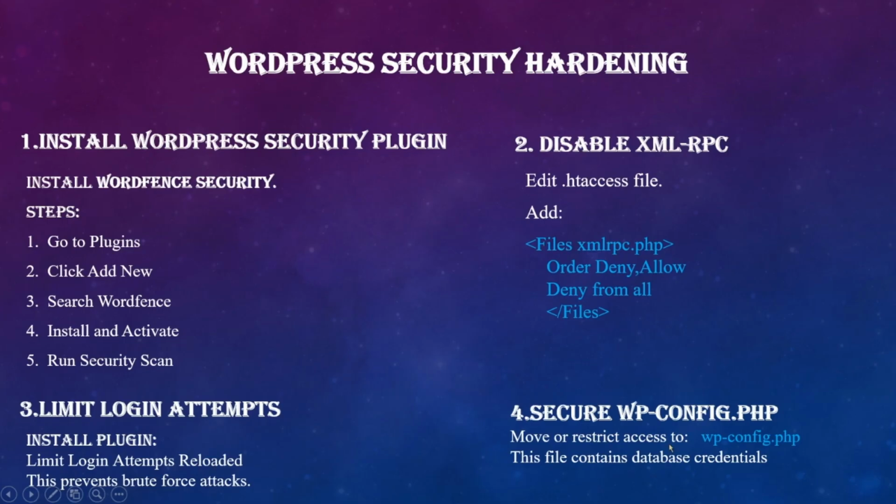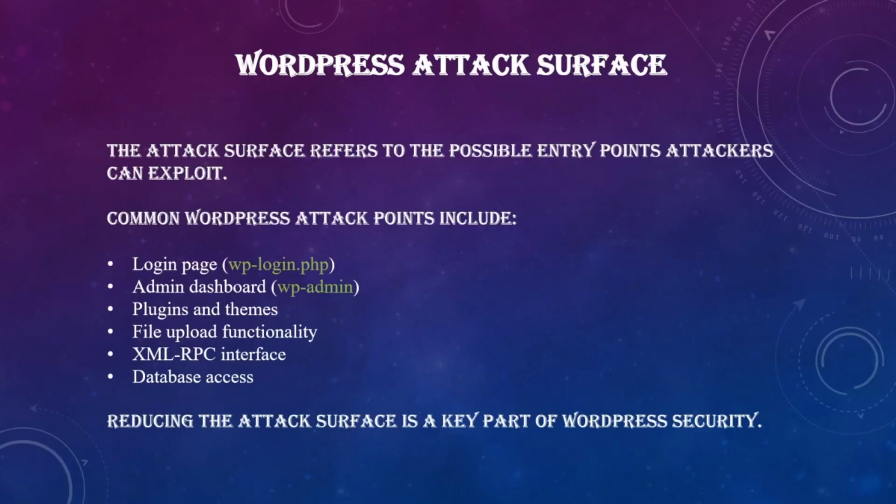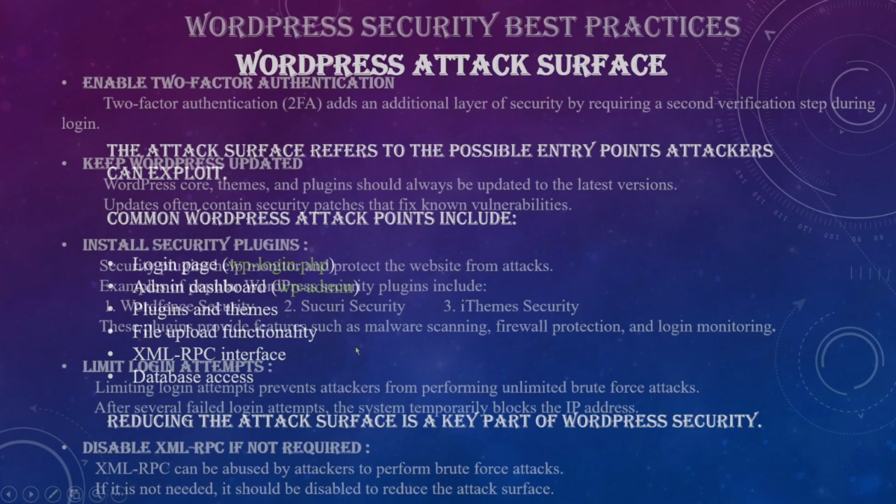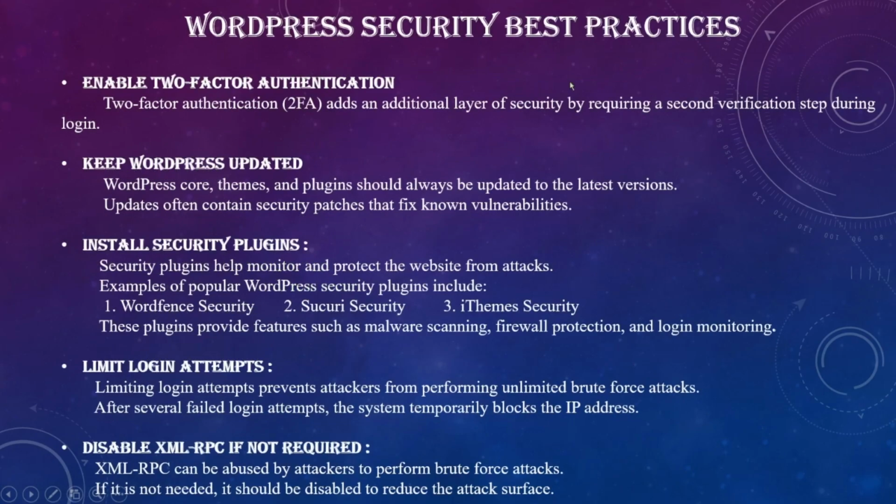Securing wp-config.php. The WordPress attack surface: attacks mostly target the WordPress login page, admin dashboard, plugins, themes, and file upload functionalities. The security best practices are enabling two-factor authentication and keeping WordPress updated.